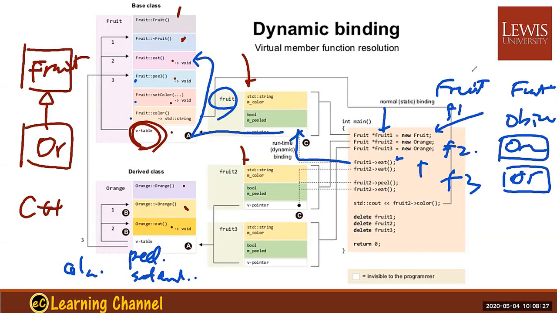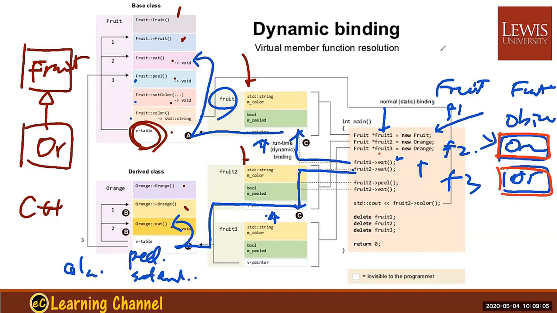Flu two is not a flu object, so it goes to its v table, the v pointer points here, and finds the eat over here. Basically, each object has a v pointer, and this v pointer points to the object type they are.